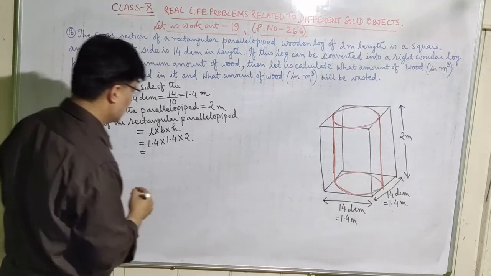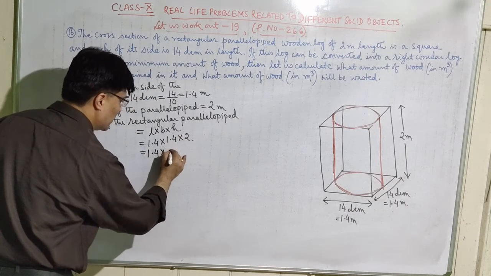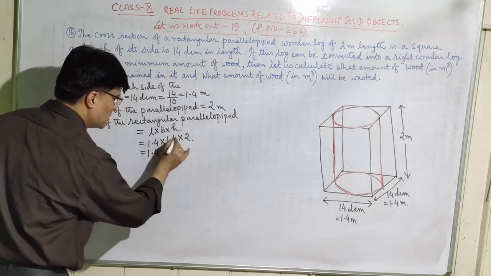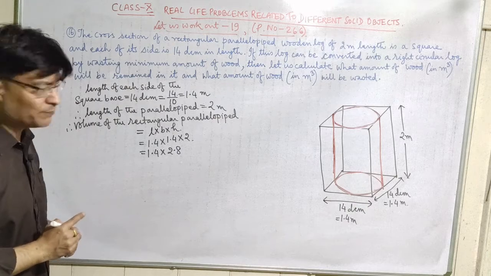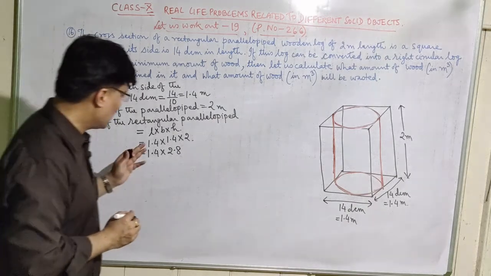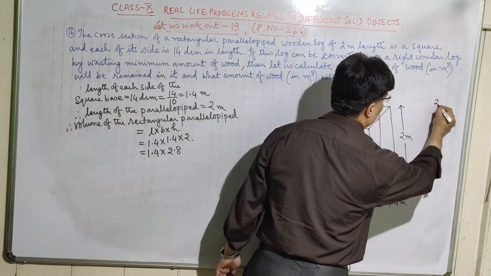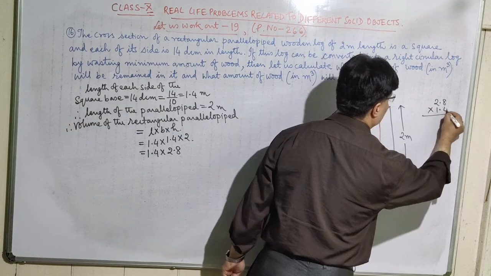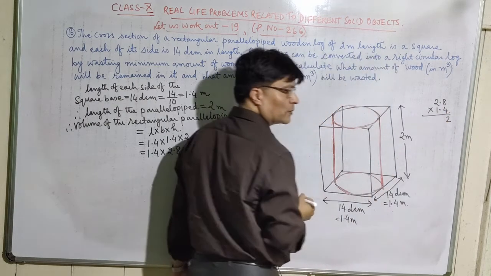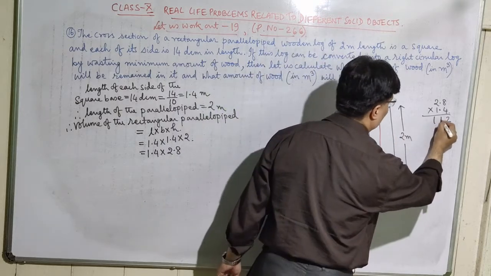So let us multiply it. 1.4 into 2 is 28. After the decimal point there is one figure, so write the decimal point before one figure from the end. That is 2.8. Now let us multiply 2.8 by 1.4. 4 8s are 32. 4 2s are 8, 8 plus 3 is 11.